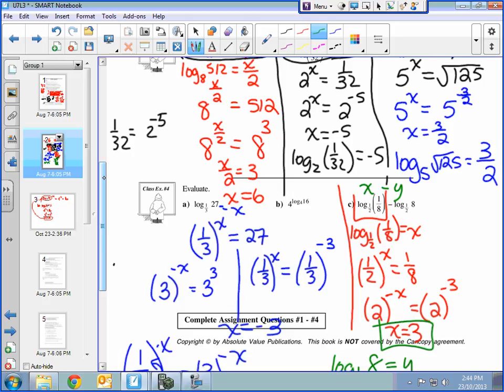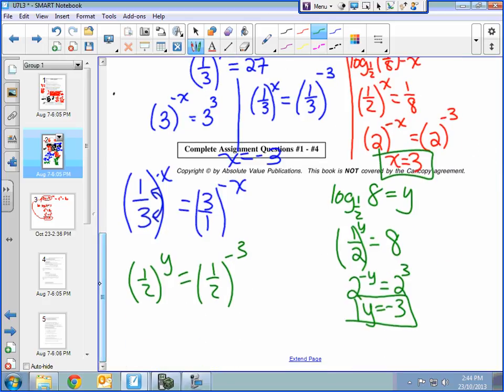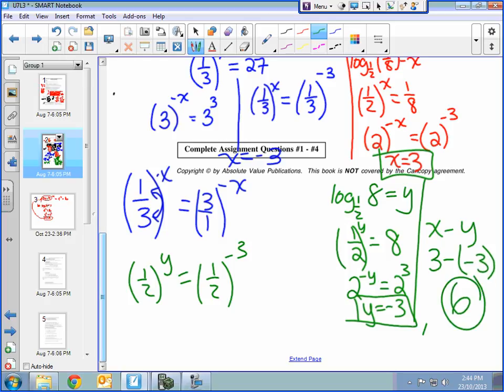I have log of this minus log of that. So it's x minus y. So let's just take our answers, x minus y. What was our x? Minus, what was my y? Negative 3, so you add it. When you subtract a negative, you add. So your answer here is 6.